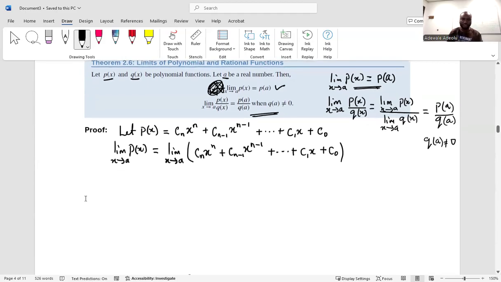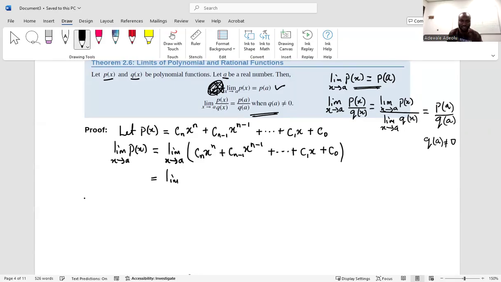Okay, with that, we can remember when we have a situation like this, from the sum laws for limits, we can move the limits in.